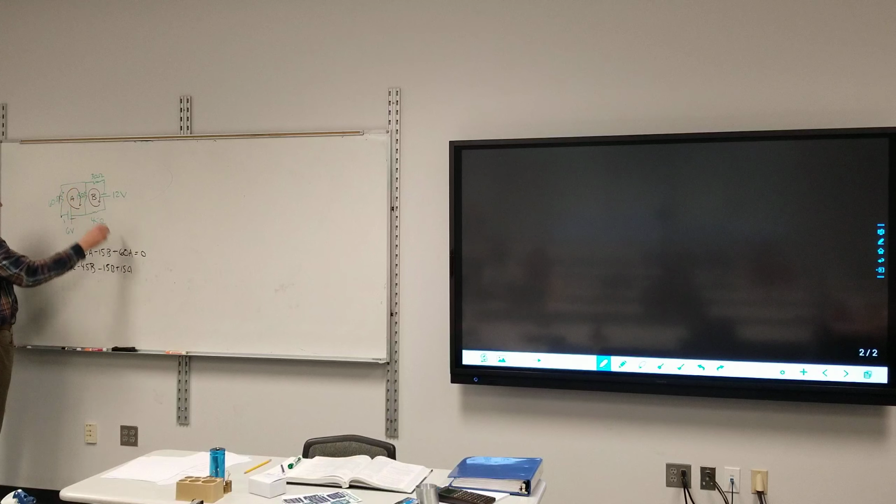So taking the 6 over, I've got 75A minus 15B equals negative 6. And here, just got the 12. So I have 15A minus 75, 90B equals negative 12.